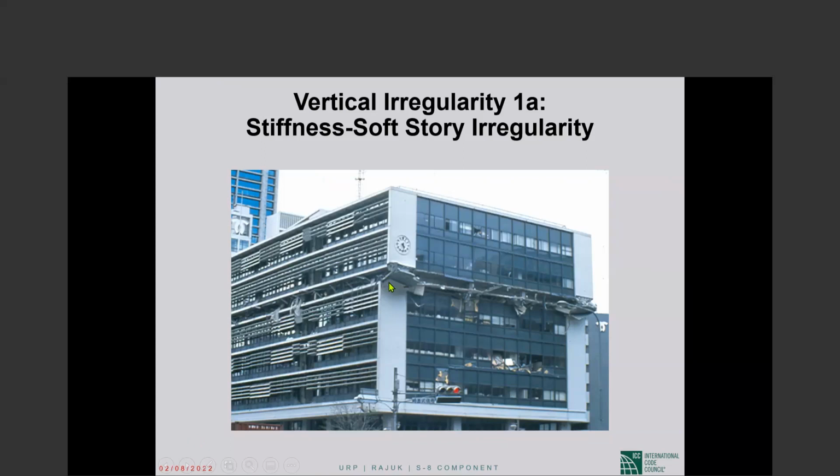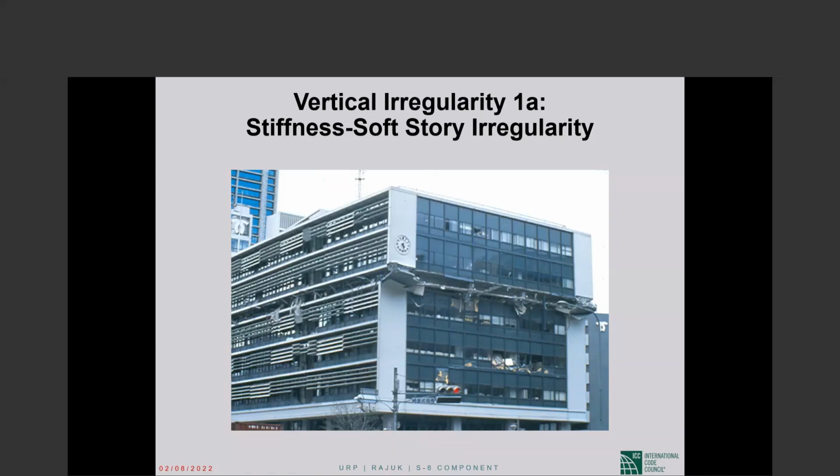So the steel shapes were discontinued here. And this was the first level, with just reinforced concrete shear walls. So there was stiffness discontinuity at that level. There was higher stiffness below and lower stiffness above.